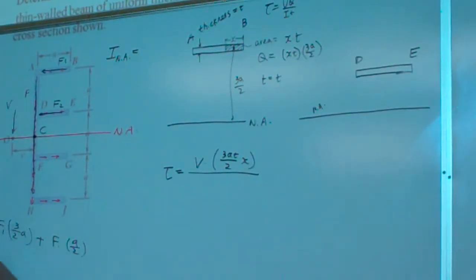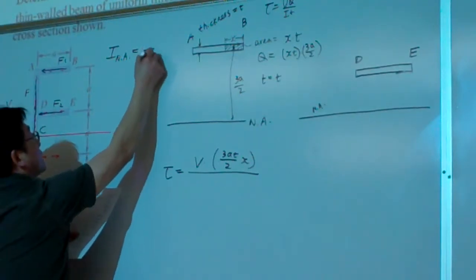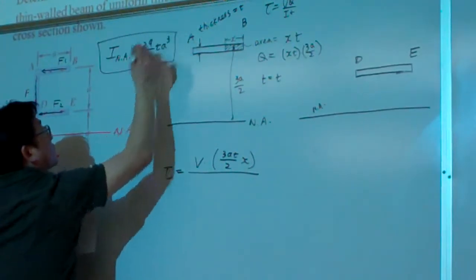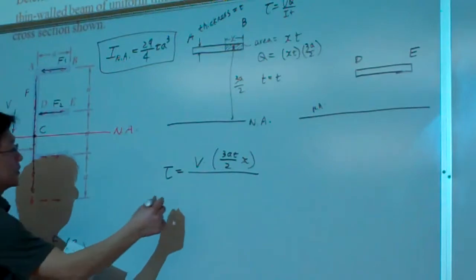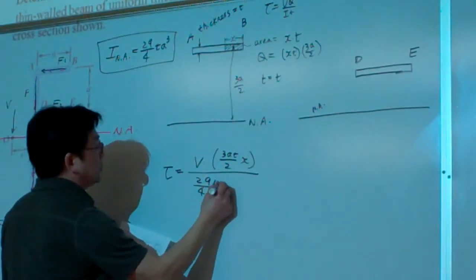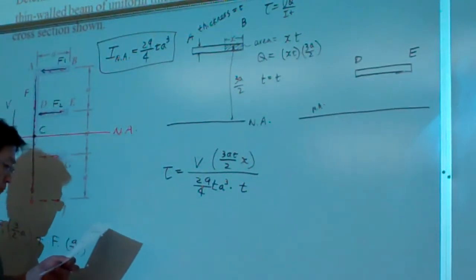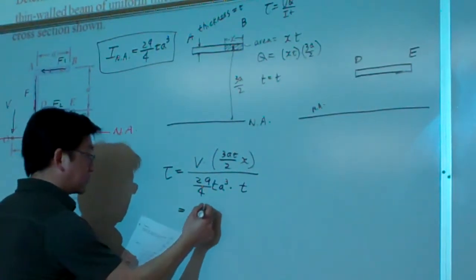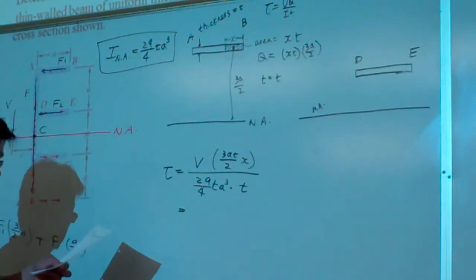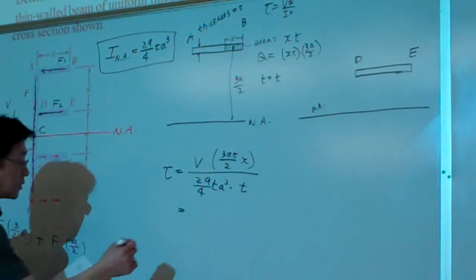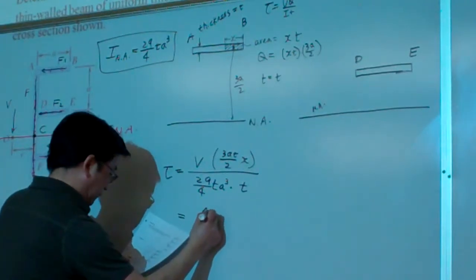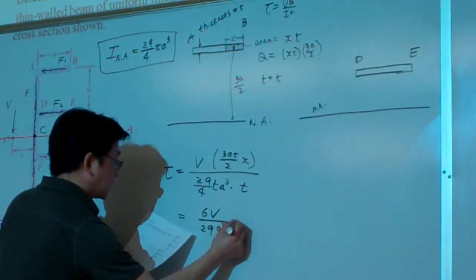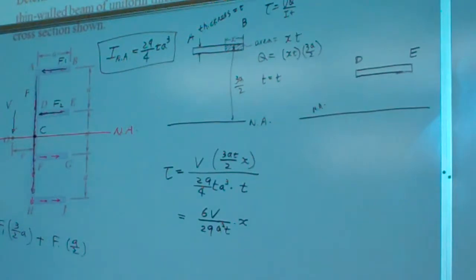Following these notations, let me give the result directly: 29 over 4 t a cubed. Plugging in 29 over 4 t a cubed times t, this can be simplified, and this is actually 6V over 29 a squared t, times x. So that is a function of x.